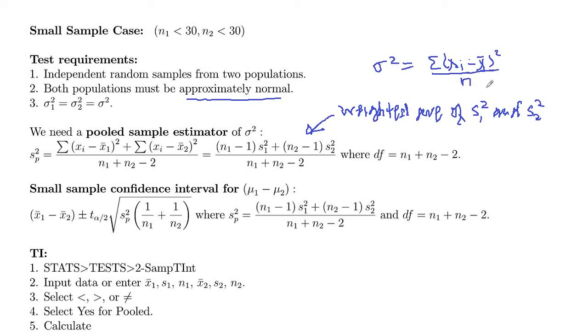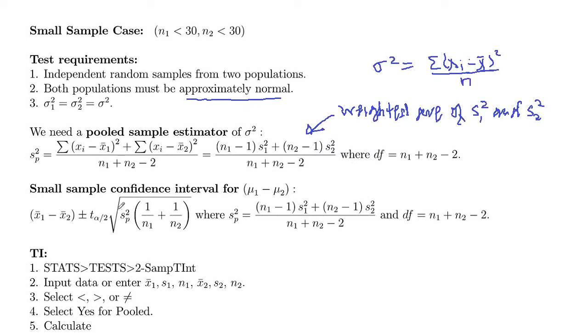And if this is s, this will be n minus 1 in the denominator. So notice that's similar structure here, except we've got n1 plus n2 in the denominator, but then if we split these over the LCD, we have a weighted average here. So it's a weighted average where we're weighted by the sample sizes. So the bigger sample size here, we're going to include a higher weight of its sample standard deviation.